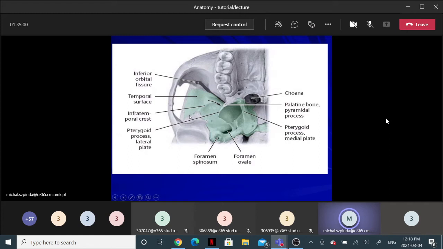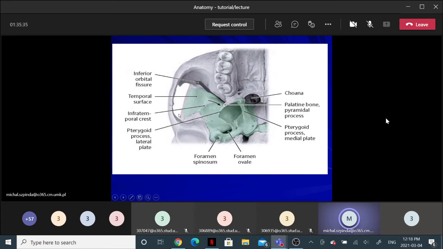So you can see that the temporal squama does not only refer to the lateral aspect of the skull. It's present on the external cranial base as well. Just by the way, both the mandibular fossa and articular tubercle belong to the temporal squama as well.